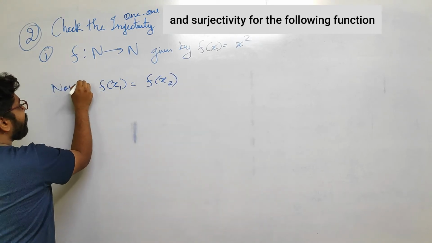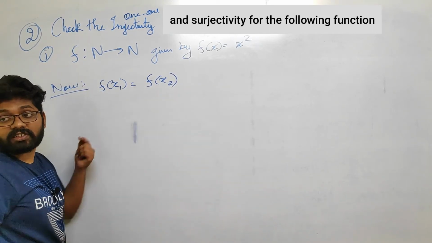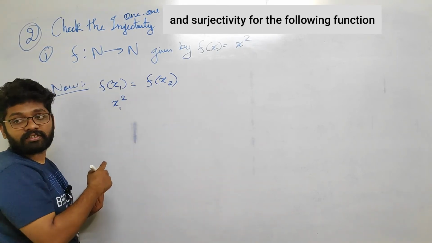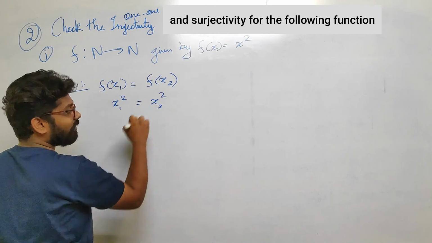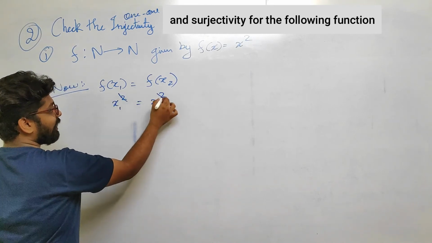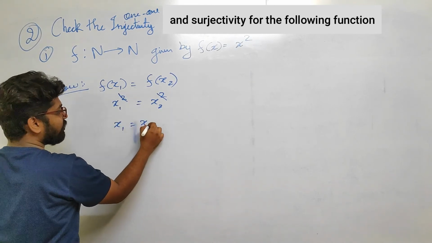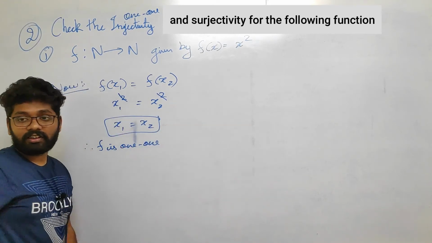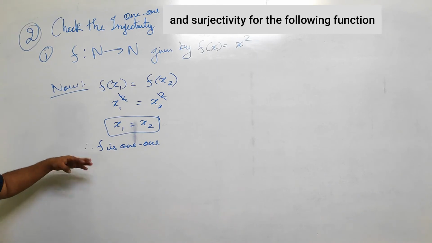Now f of x1 is equals to f of x2. x1 square is equals to x2 square, correct? Square and square eliminate, so x1 is equals to x2, therefore f is 1 1. Simple.